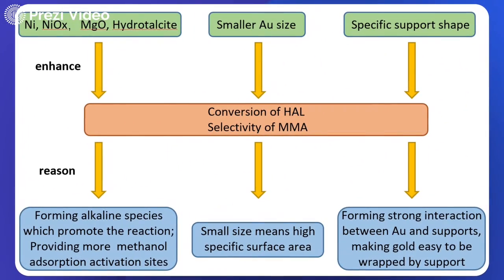Okay, now we turn to discussion. We can see from these results, nickel oxides, magnesium oxide, and hydroxide can significantly improve the conversion of MAL and the selectivity of MMA.